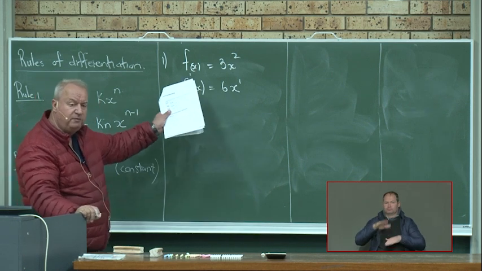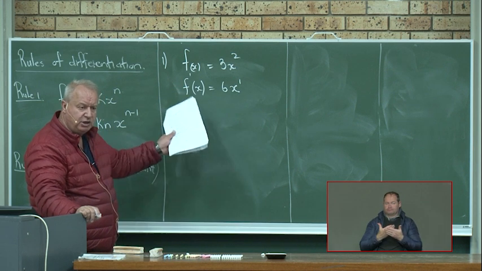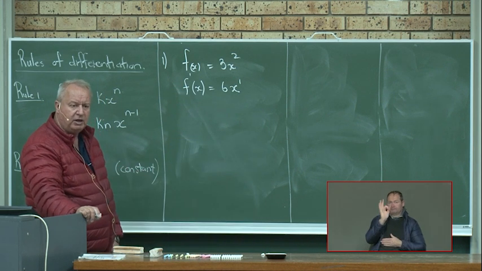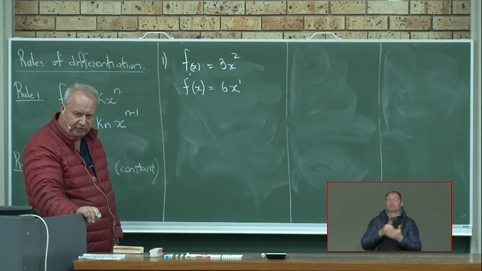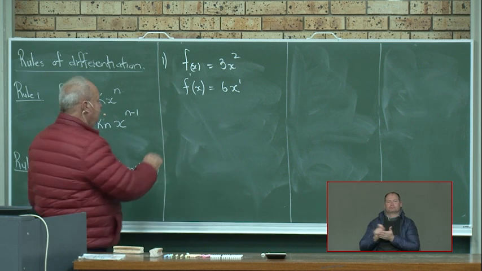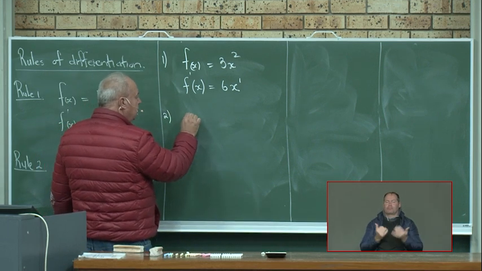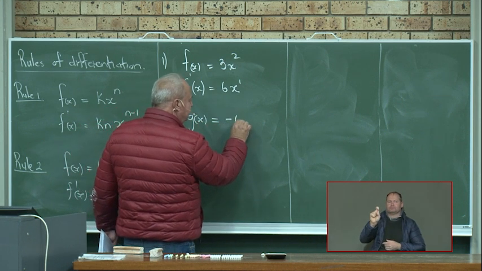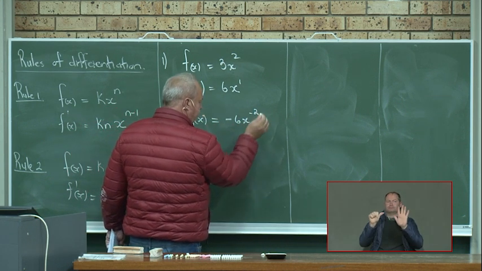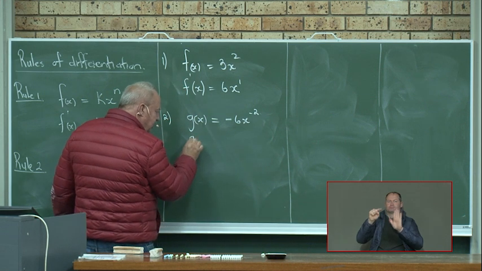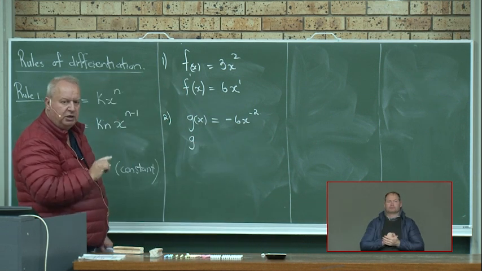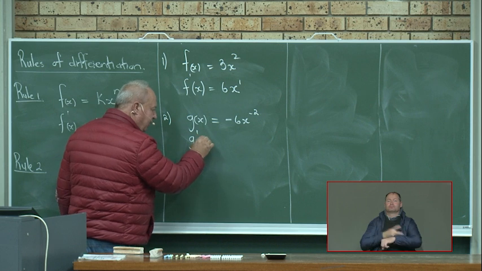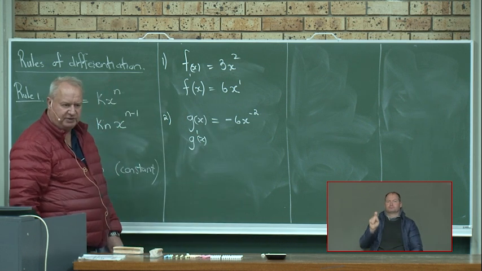Let us just reinforce this concept in terms of f(x), and then we can look at the other notations for the derivative. Right. If I say to you that g(x) is equal to negative 6x to the power of negative 2, what is the notation for the derivative? g prime x. That is the notation for the derivative.